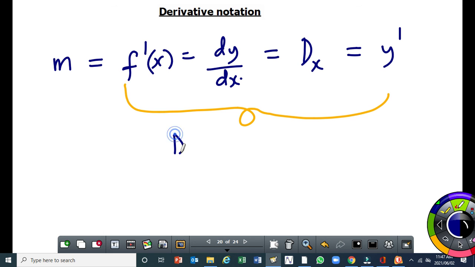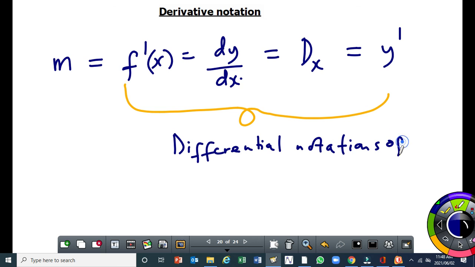So I'll say differential calculus, notations of gradients.